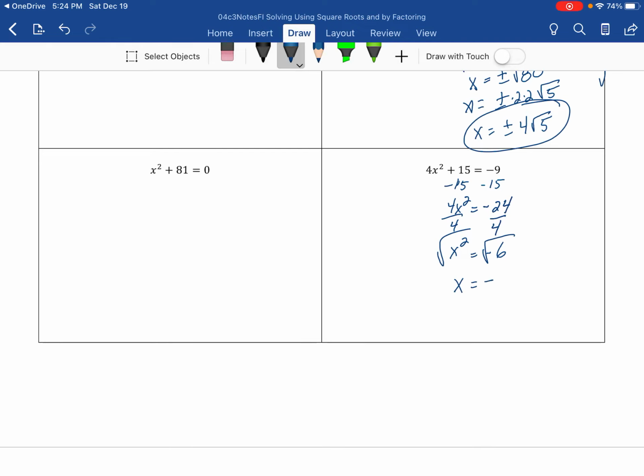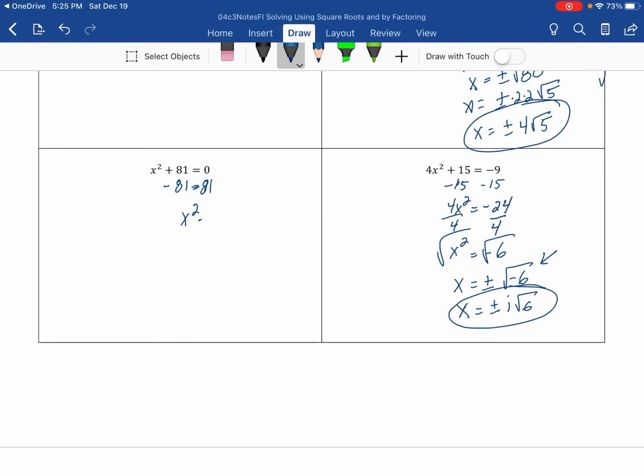I take the square root of each side. X is equal to plus or minus radical negative 6. You cannot have a negative underneath a radical, so what you need to do is take an i out. I can't simplify 6 anymore, so x is going to be equal to plus or minus i radical 6. I'm going to do this one over here just to show you what I mean.